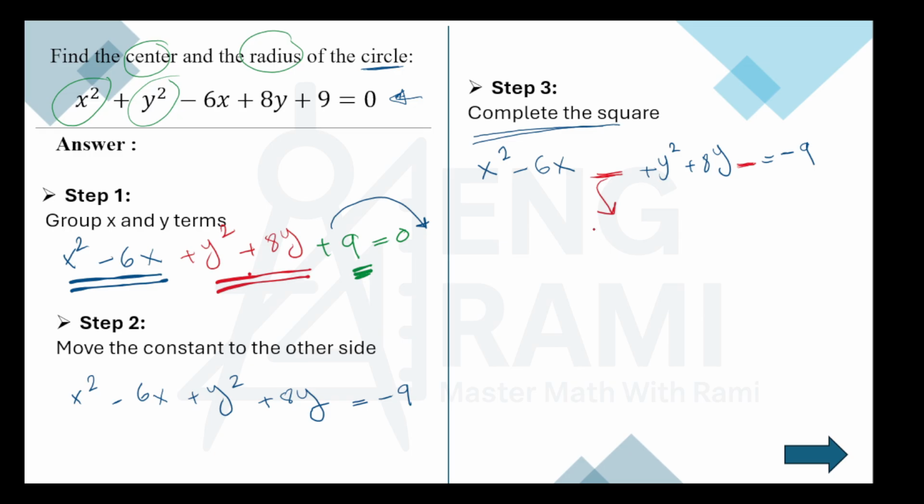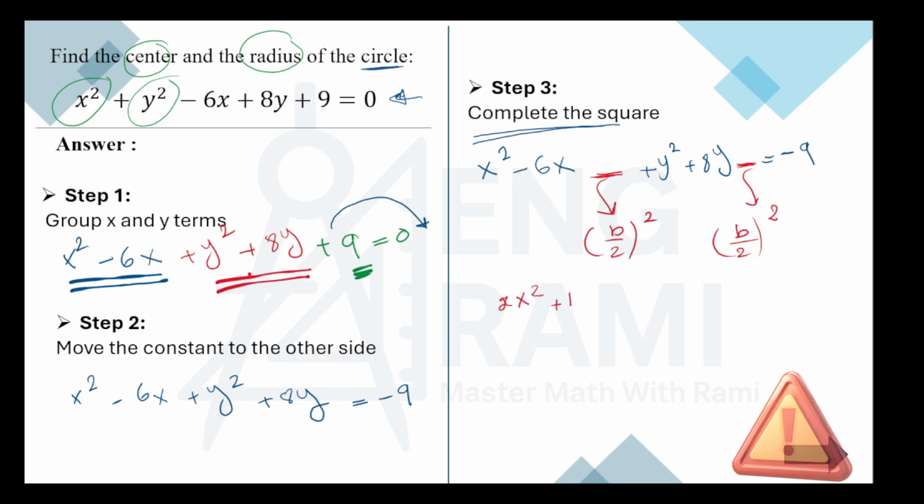This value equals (b over 2) all squared, and absolutely here is also (b over 2) all squared. For the quadratic equation ax squared plus bx plus c equals 0, here is b, which is attached to x. b is negative 6, not just 6.